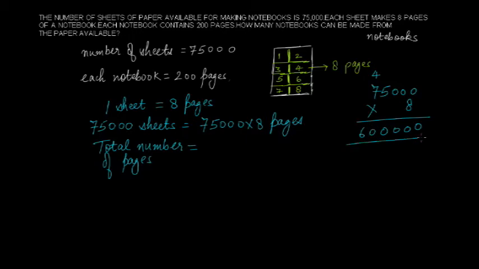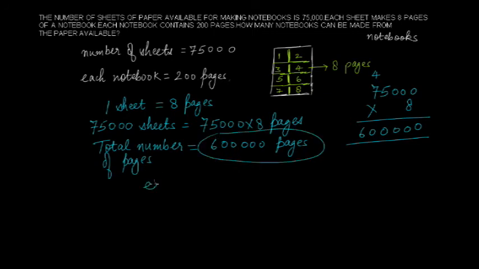You have 6 0 0 0 0. Therefore this is 6 lakh pages. These are the total number of pages that will be made from 75,000 sheets. So now 6 lakh pages is the total number of pages available.